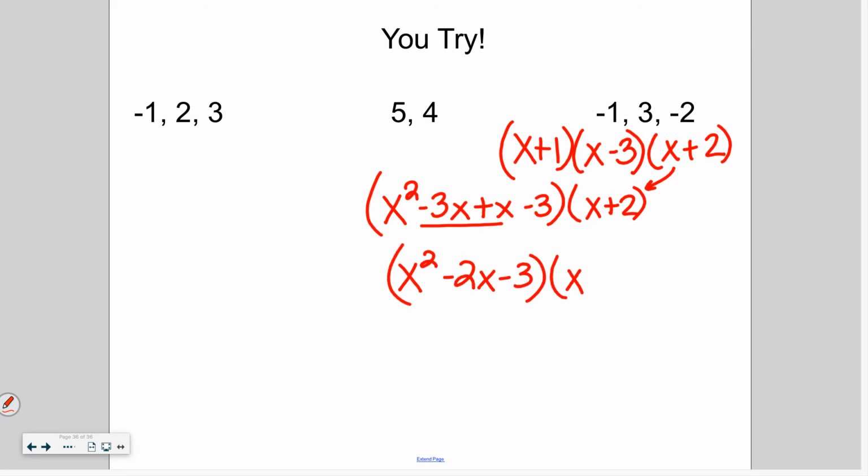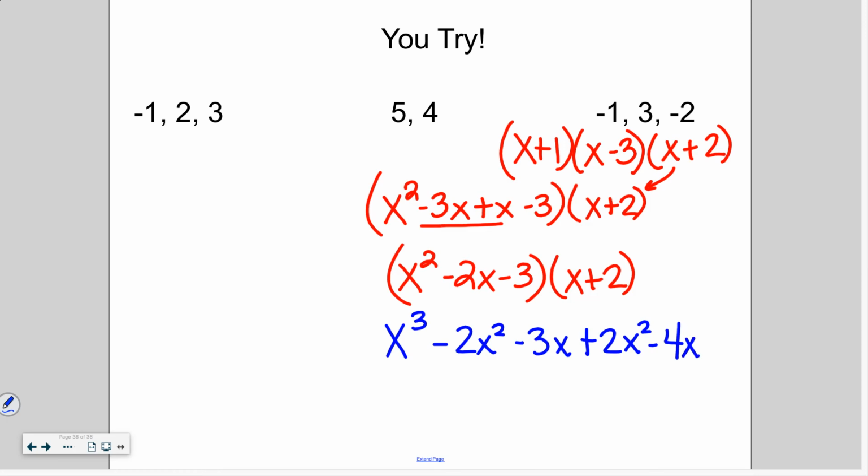And then I'm going to FOIL one more time. So x cubed minus 2x squared minus 3x. And then I'm going to do the 2 with the same thing. So plus 2x squared minus 4x minus 6.